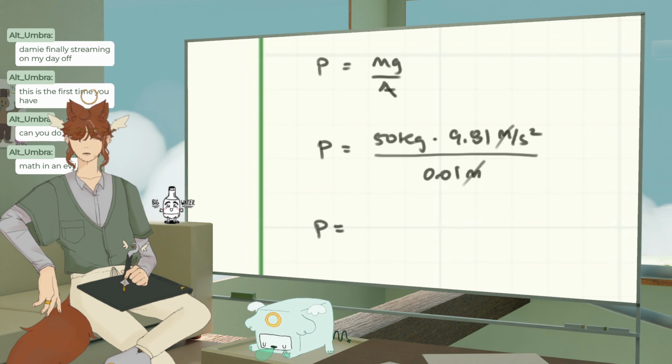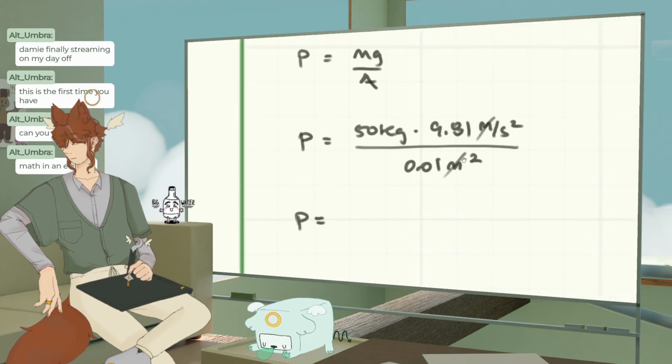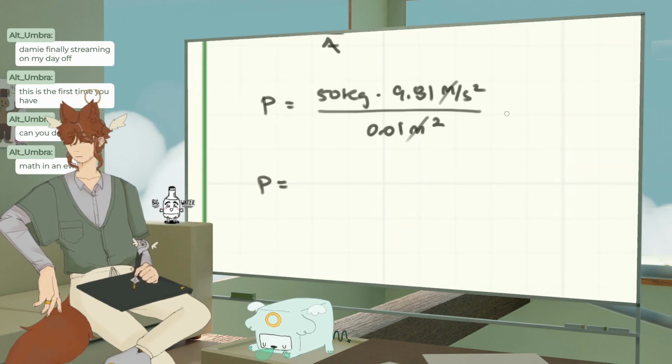Per meter, wait. 1 kilogram per meter per second squared? Wait, what? Oh, meters squared. There we go. It doesn't really matter for the numbers, but it matters for my heart and soul.